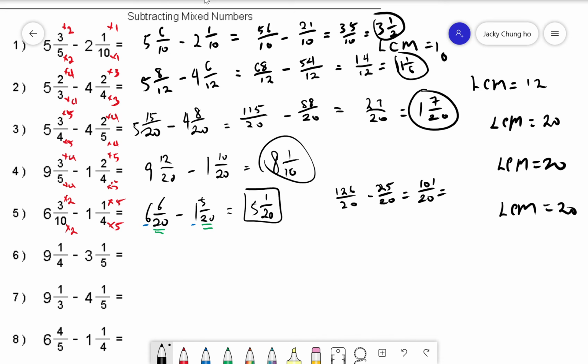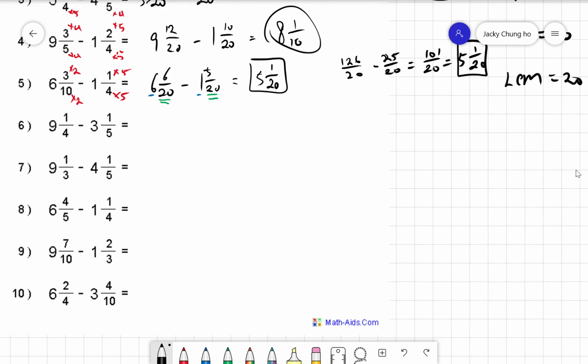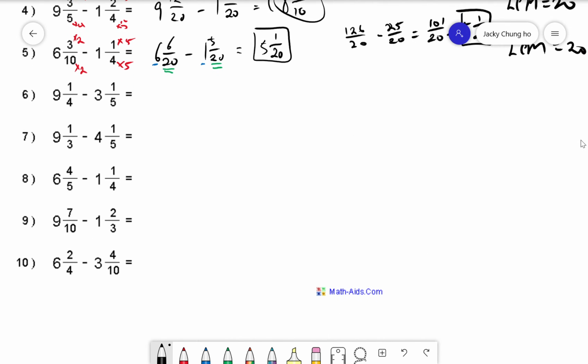To reduce it, it is the same as 5 and 1 over 20. So either way will actually work in this case. Moving forward, let's do the second half.